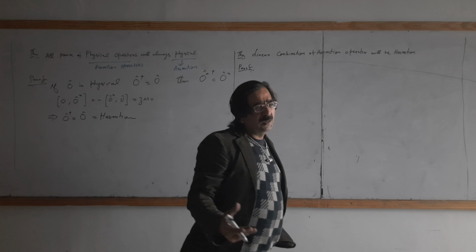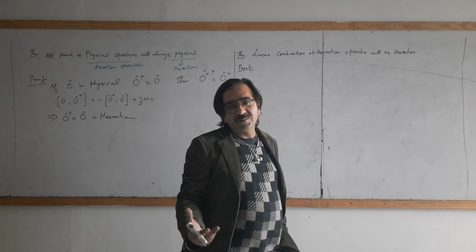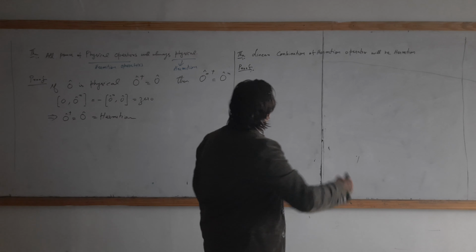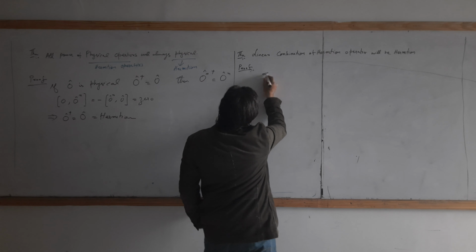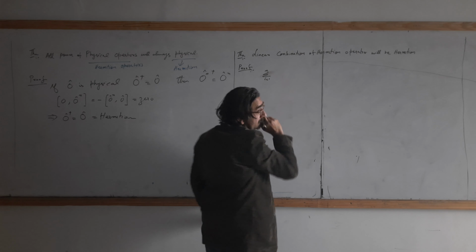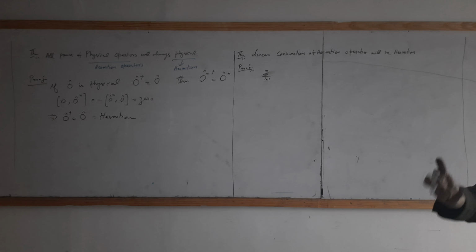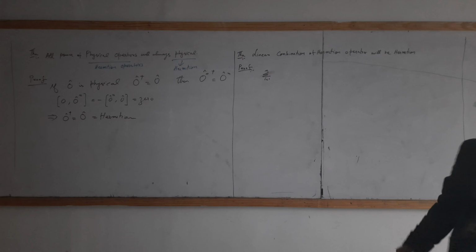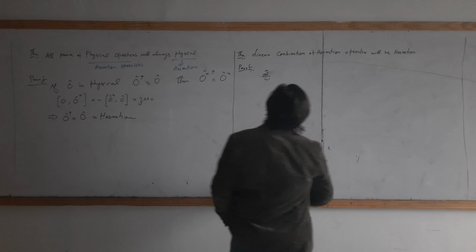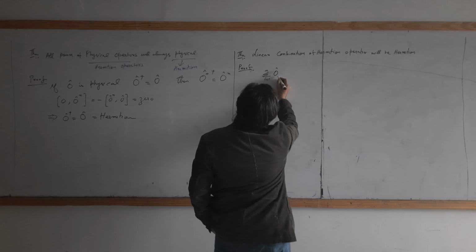Let's suppose O is alpha O. If we take the linear combination, alpha, beta, gamma, whatever operators you are interested in, this is a linear combination.